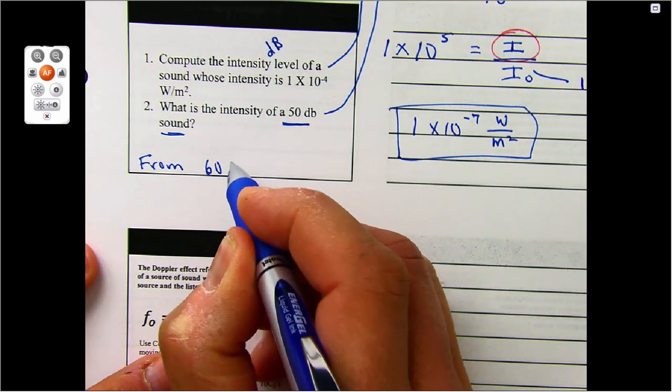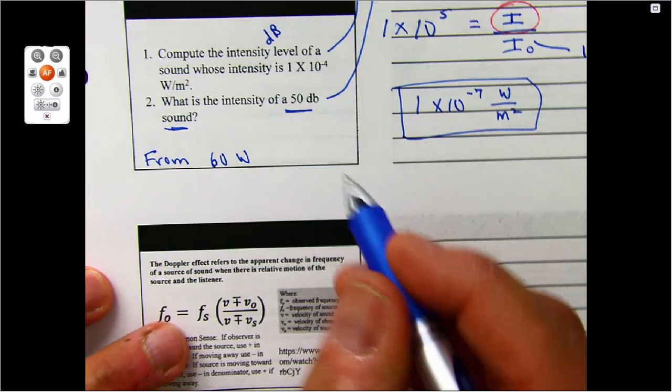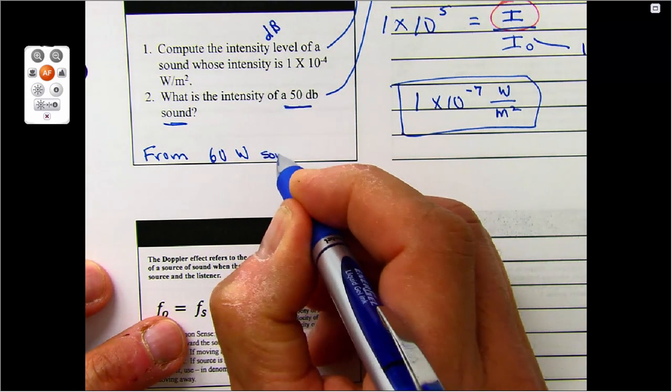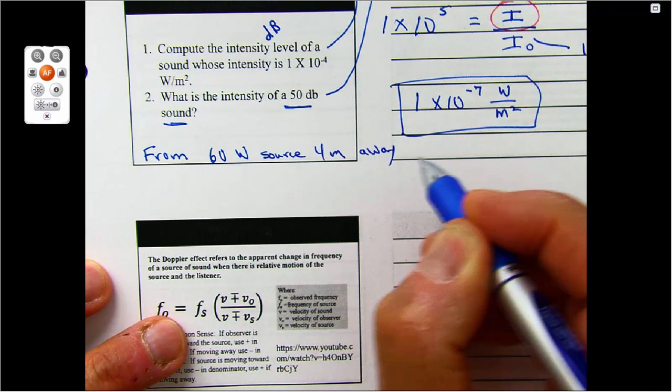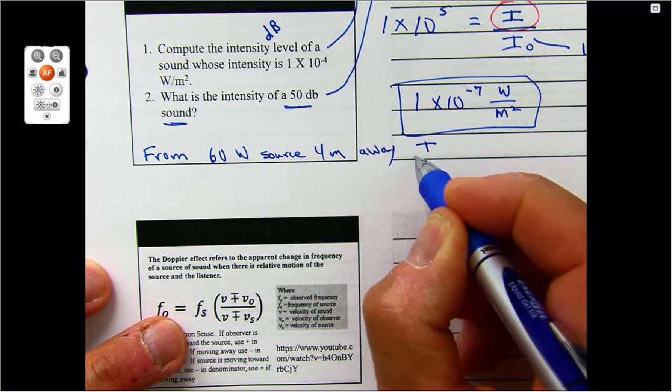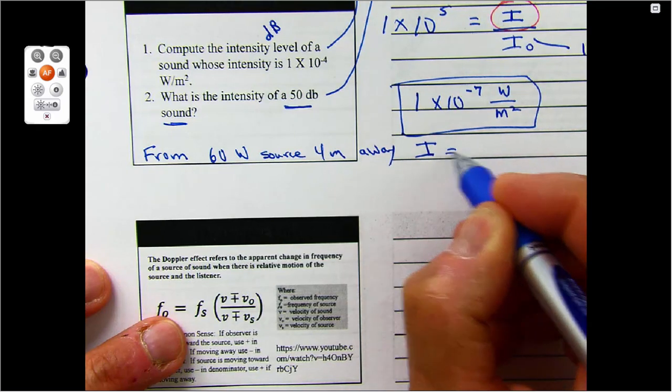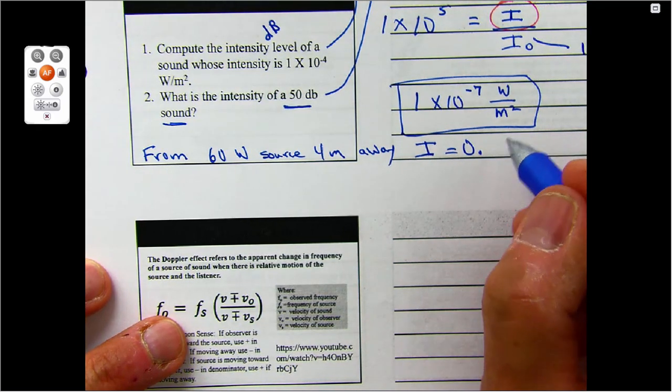From a 60 watt source 4 meters away, from the previous, I was 0.298.